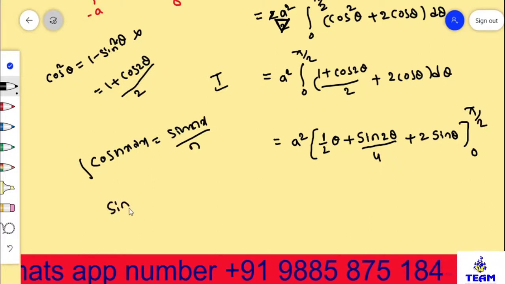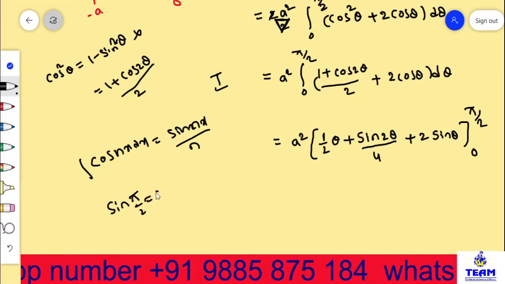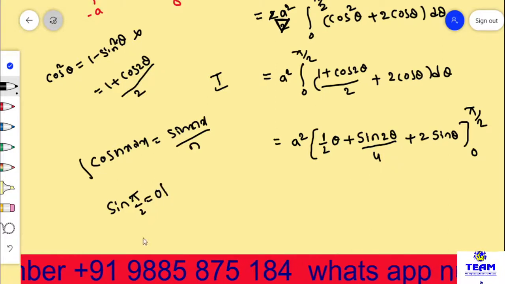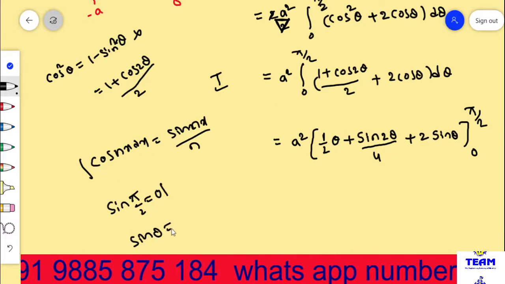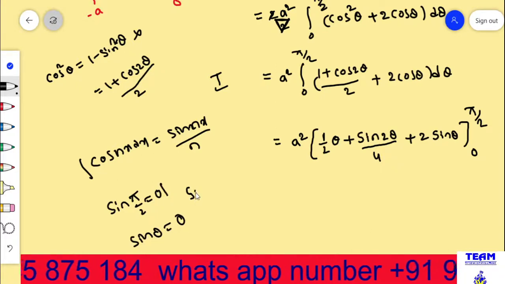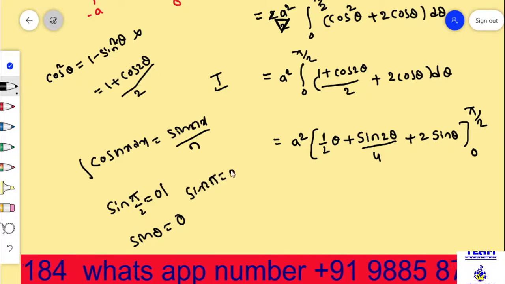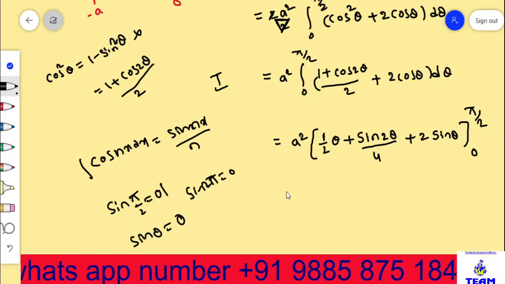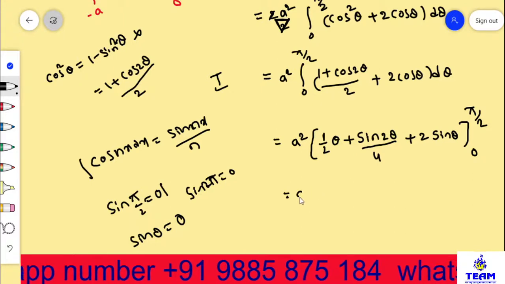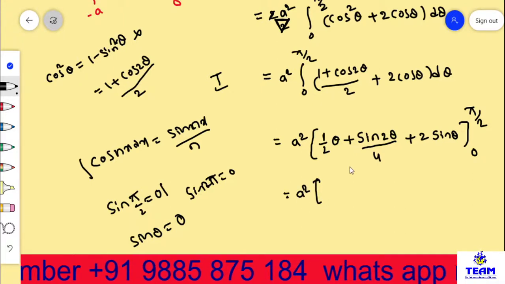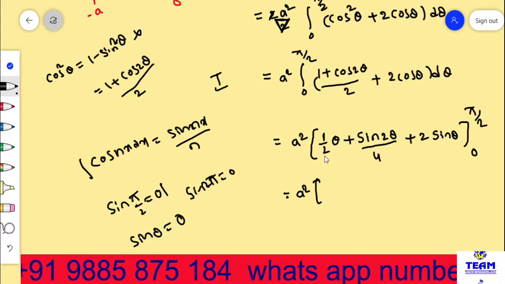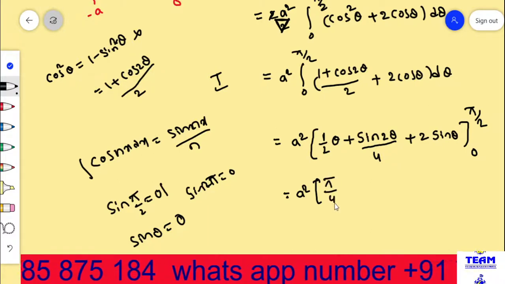Friends, tell me, what is sin 90? 1. What about sin 0? 0. What about sin 2 pi? Sin n pi is 0, remember, so sin 2 pi is also 0. Now we are substituting. First substitute pi by 2: pi by 2 into 1 by 2 becomes pi by 4.